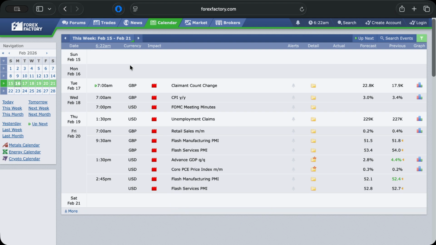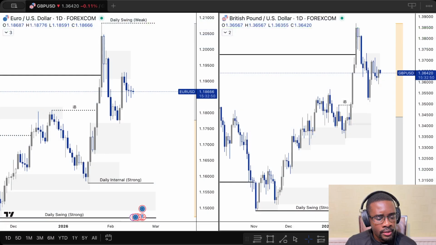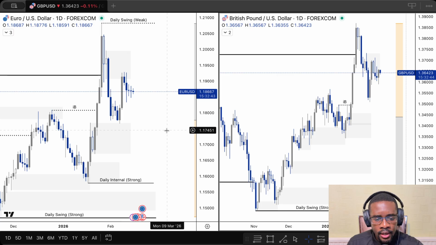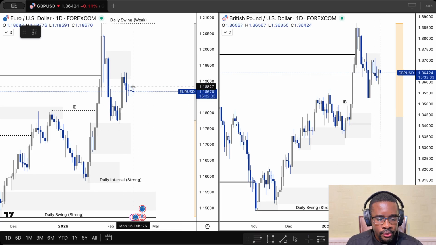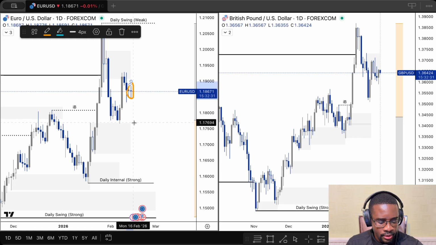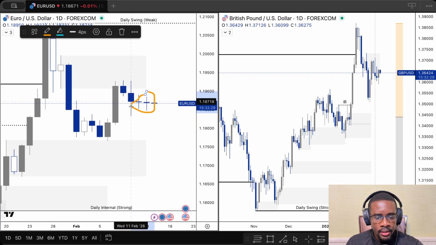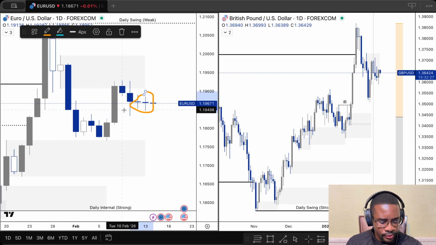Okay, so looking at the charts, let's see what happened last week on Friday, and then look ahead. As you can see from the daily candles on the Euro USD, price didn't do much. Price is just consolidating.